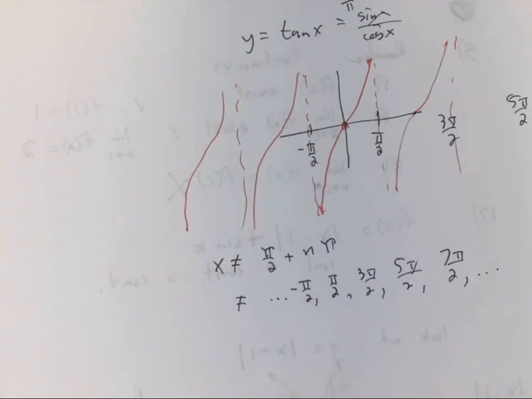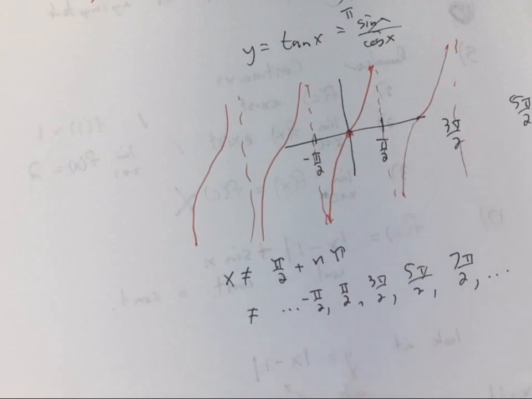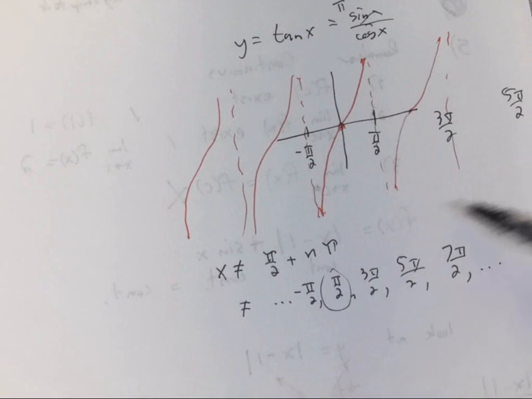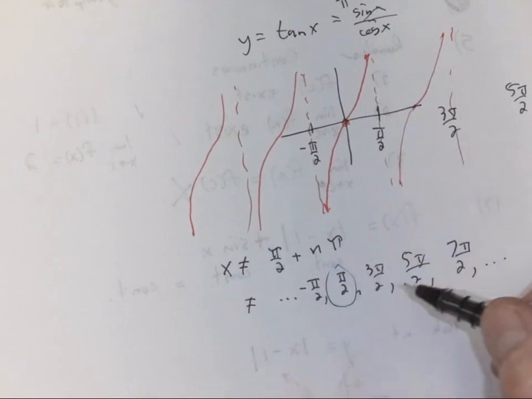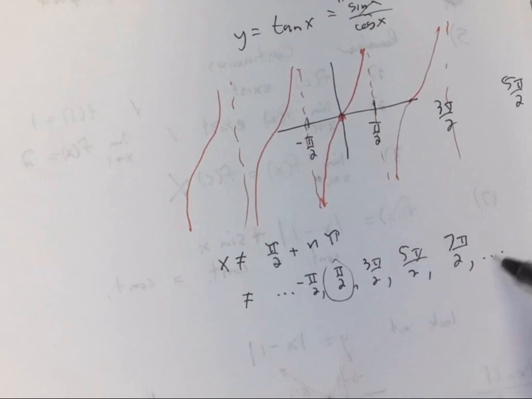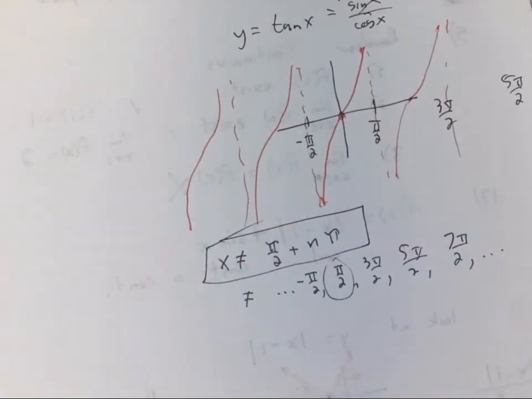So this little formula here is just a quick notation to say an infinite amount of points. So when n equals 0, you get this one. When n equals negative 1, you get the one before. When n equals 2, you get this one, n equals 3, n equals 4, and so on. So this is where it's not defined. Does that make sense?